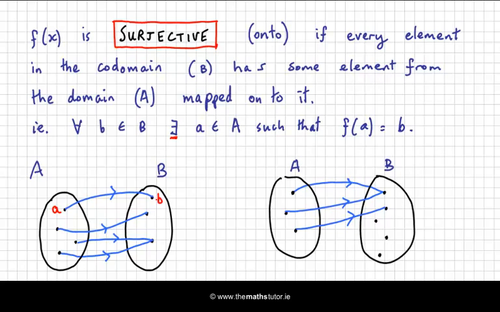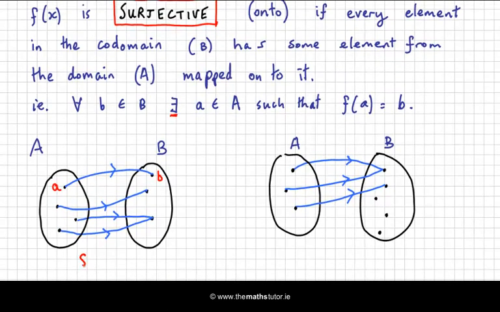On the left here, all of the elements of B have something mapped onto it. So this one is surjective. Whereas on the right, we have these three elements down here with nothing mapped onto them. So this is not surjective.